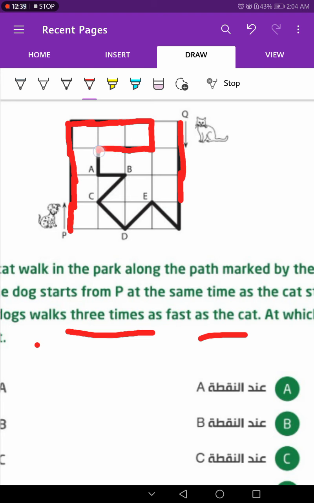Keep going like this. Okay, they will meet where? In E. So for each 3 steps from the dog, 1 step from the cat. This is from P and this is from Q, and they follow the bold line. So the answer, they will meet at E.